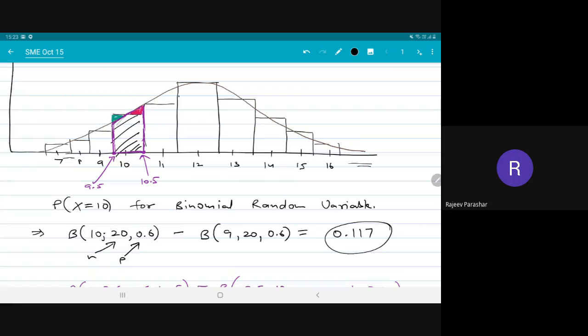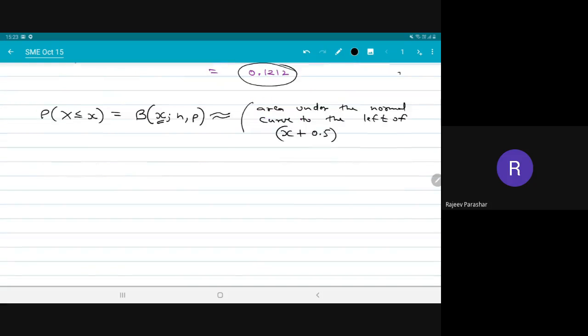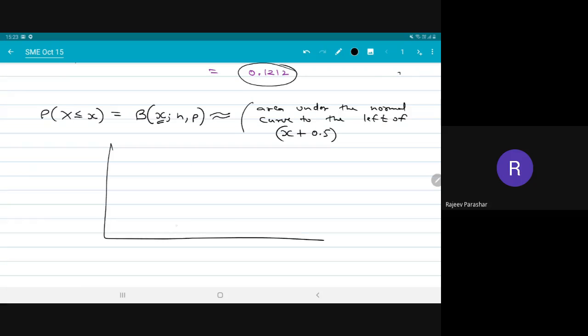So here the value that x took was 10. So what we did was we moved it to the right. Let me again draw this. Okay, so if we're looking for the probability that x takes a value of 10 or less, in terms of binomial, we're looking at the areas of all these rectangles together.